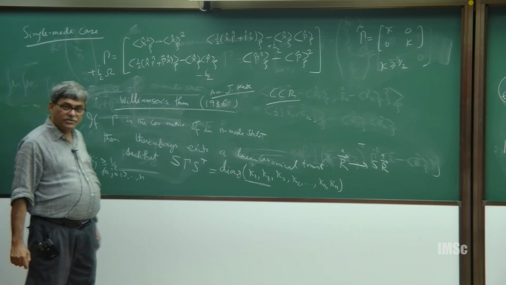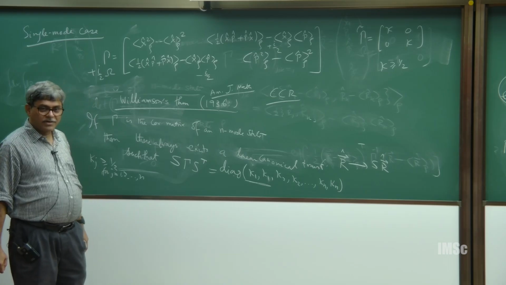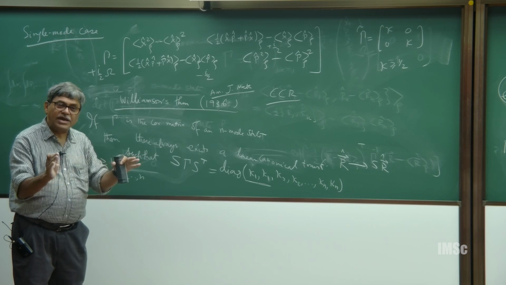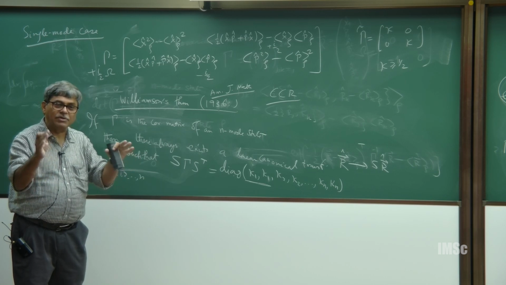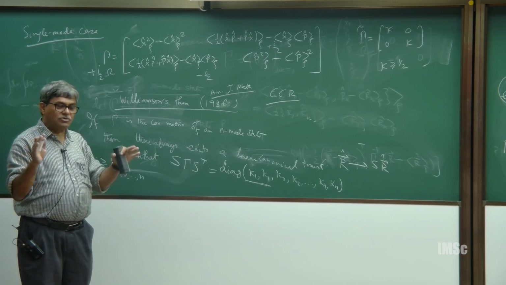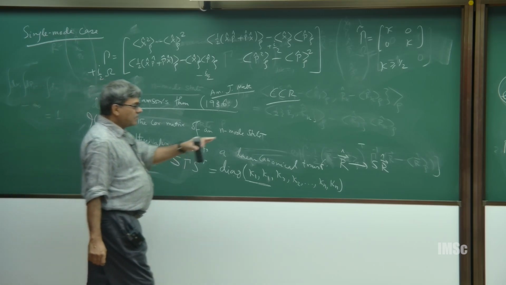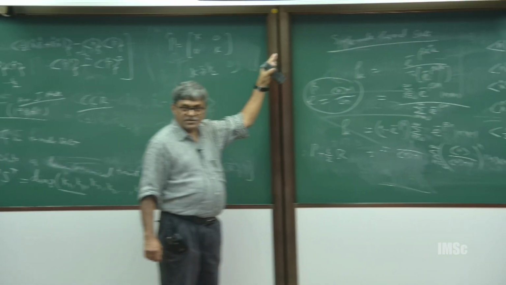As you say, we can make a canonical transformation to make the Gaussian state a collection of thermal states. And any two Gaussian states can be connected through a canonical transformation, which is realized by a quadratic Hamiltonian, and that is a Gaussianity preserving transformation. Therefore, from such a thermal state I can go to any single mode Gaussian state.